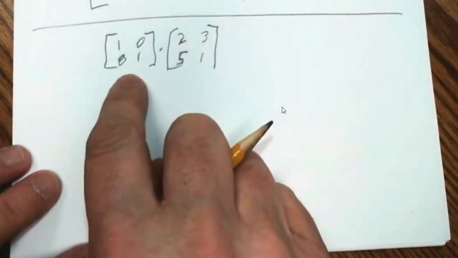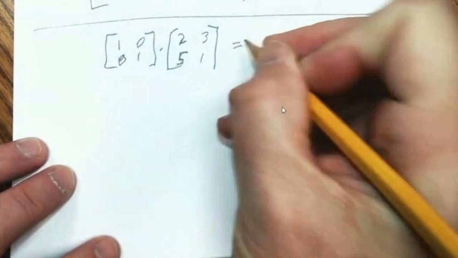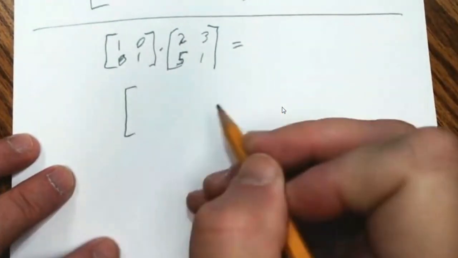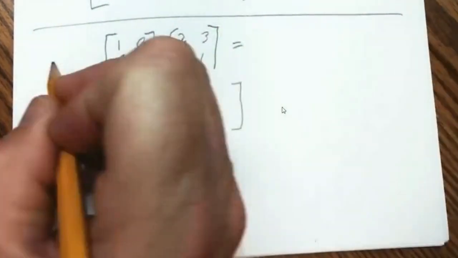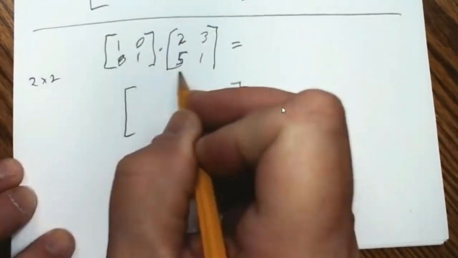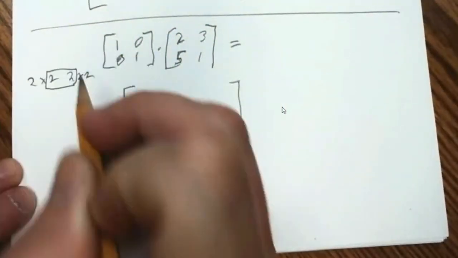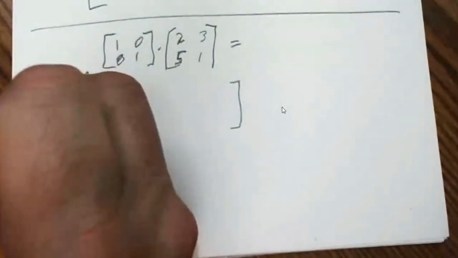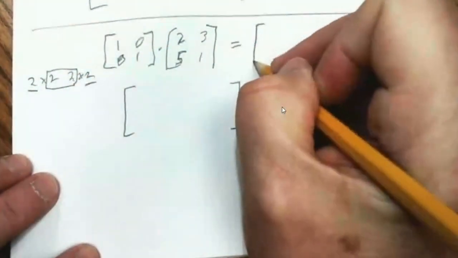This is an identity matrix. It's a 2 by 2 being multiplied by a 2 by 2, so those middle numbers are the same. We can multiply, and we're going to end up with a 2 by 2.